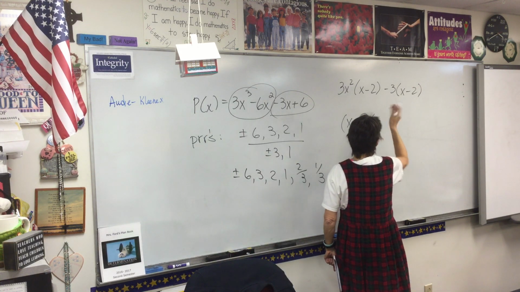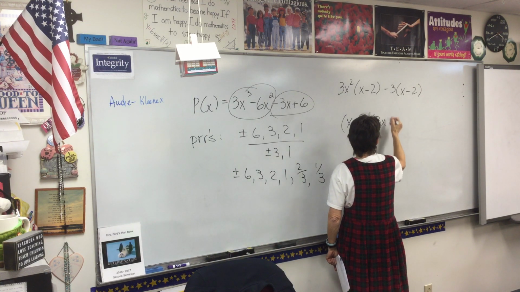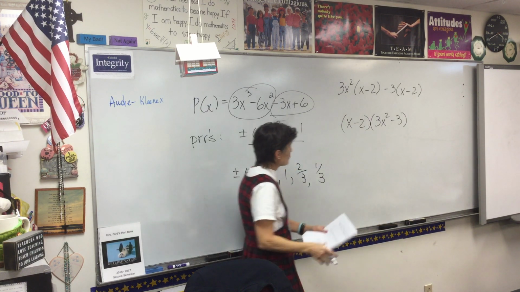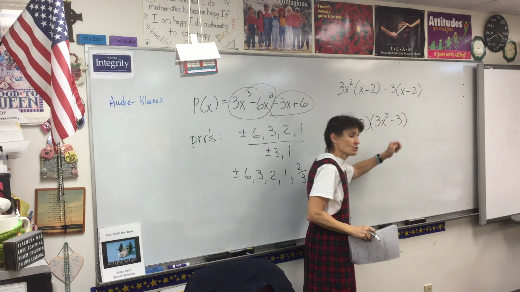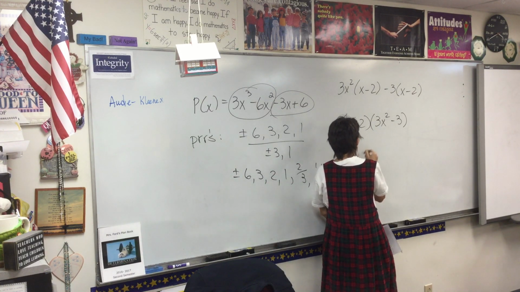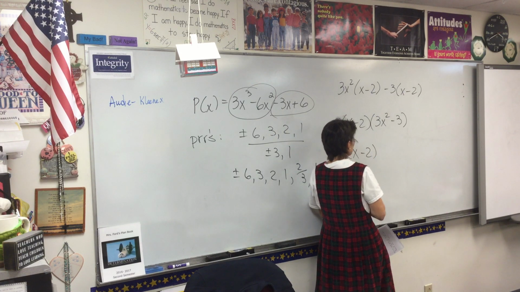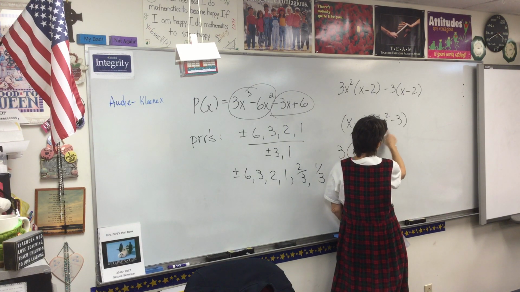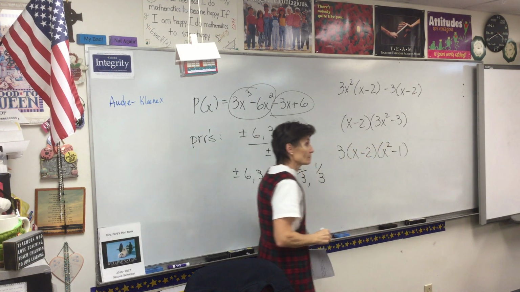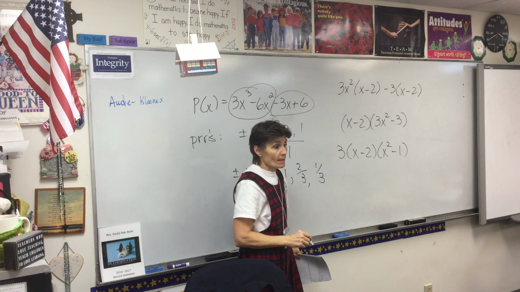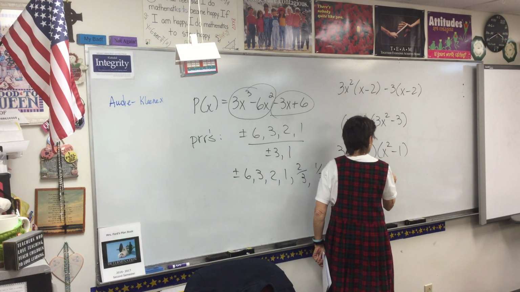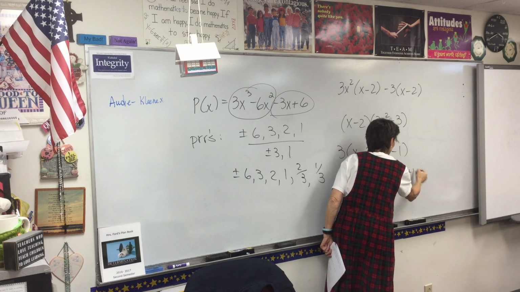Then I write down everything else, which is 3x squared minus 3. Now, do you notice anything when you look at 3x squared minus 3? You can take out a 3. So I'm going to put it out in front because that's where I like to put my numbers. If I pull a 3 out, I'll be left with x squared minus 1. And x squared minus 1 is special because it is x minus 1 times x plus 1.